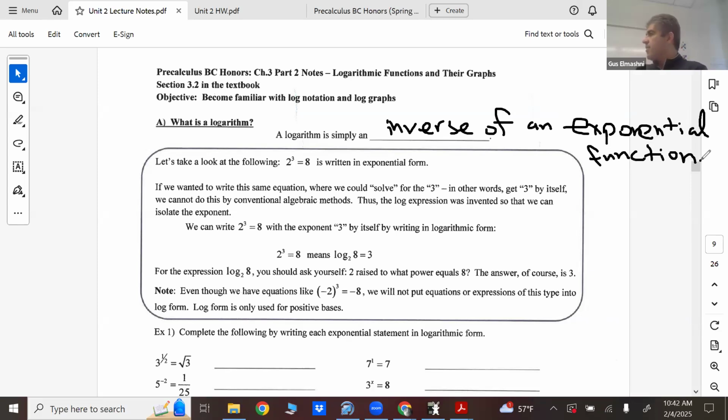Okay, does that make sense? It's the inverse of an exponential function. So if you have 2 cubed equals 8, you can rewrite it like this.